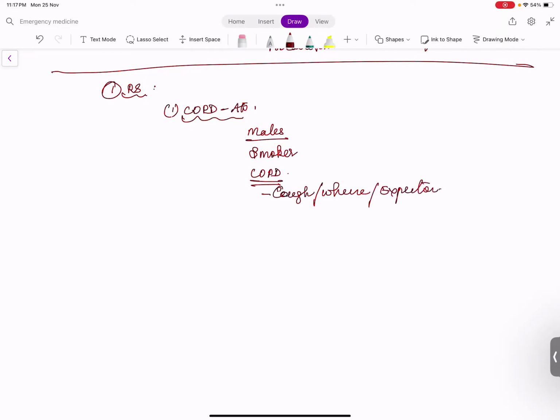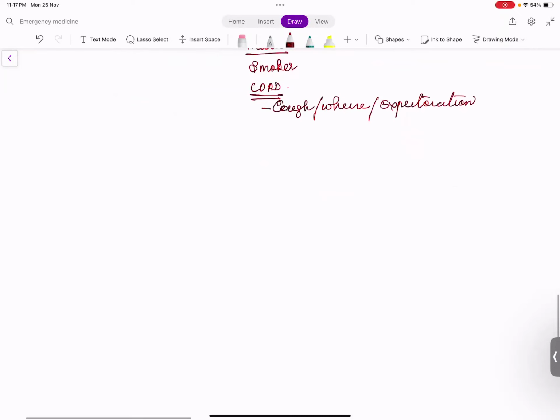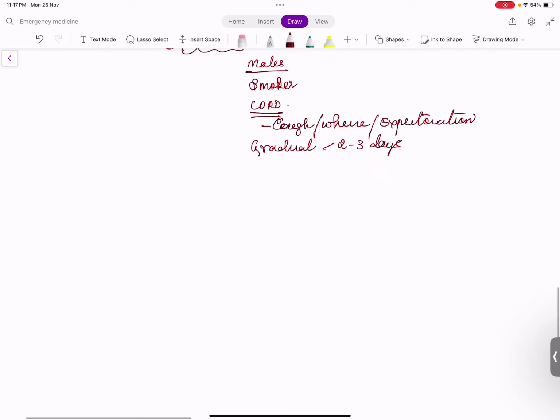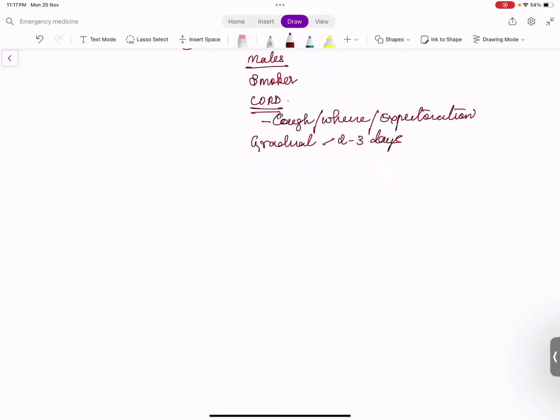And will it be a sudden onset of breathing difficulty or a gradual onset? Usually it will be gradual, because it doesn't start off all of a sudden. They may have some fever or infection recently that would have increased it. So usually it develops gradually over 2 to 3 days. It's not sudden. So this is the history, and usually associated with expectoration. There may be some hemoptysis, cough.